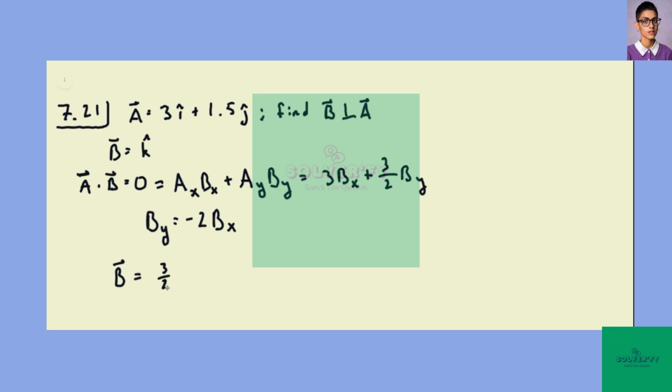So if we say that b is 3/2 i hat minus 3 j hat, this is a vector that is perpendicular and also has the same length. And then the other one that satisfies that would just be the negative of this. So -3/2 i hat plus 3 j hat would also be perpendicular and have the same length as a.